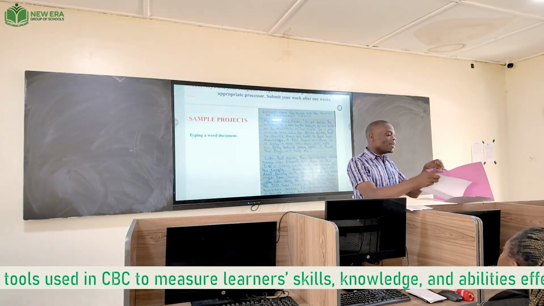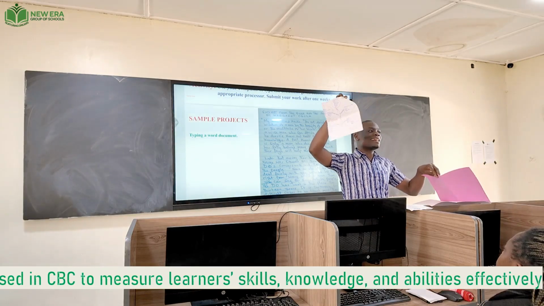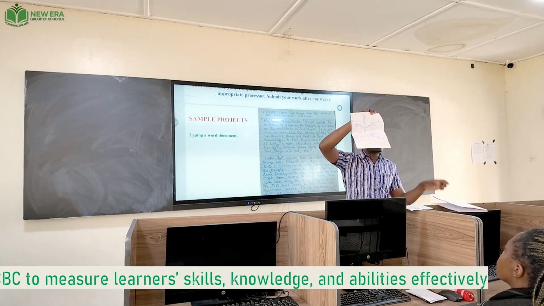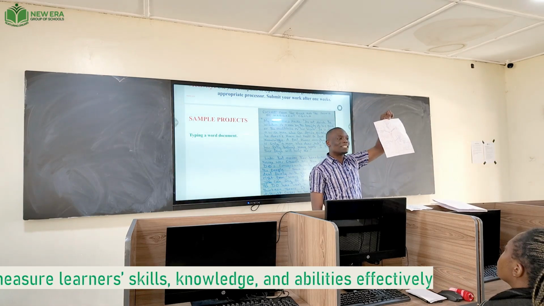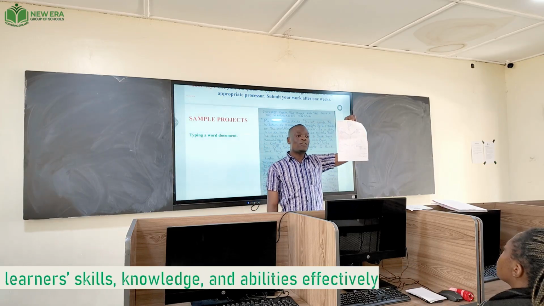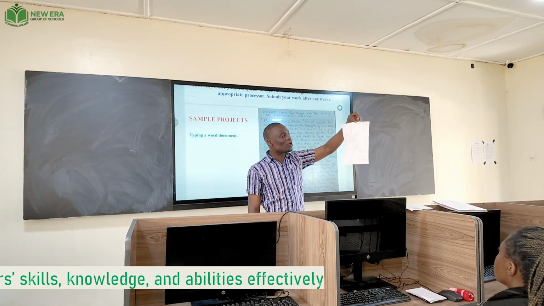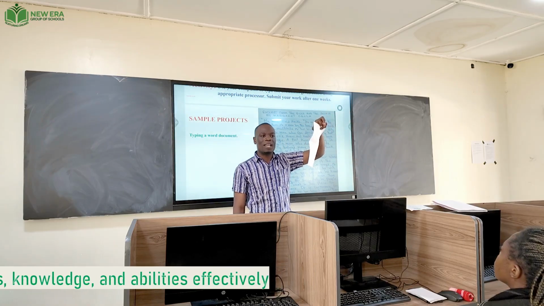You can see here, this is also an example. Maybe this is an example of a learner who tried to draw something. Maybe this one would be the best in drawing, a tree diagram showing the branches of literature in Kiswahili.